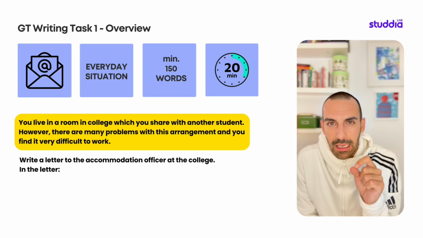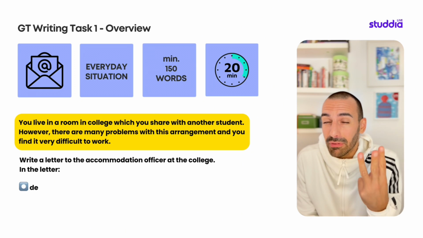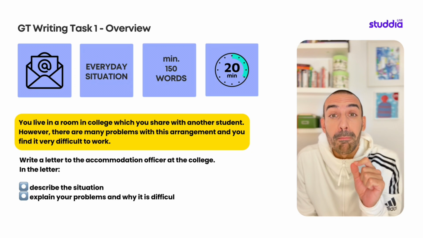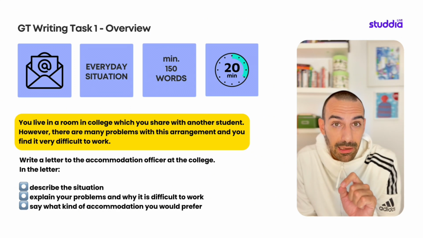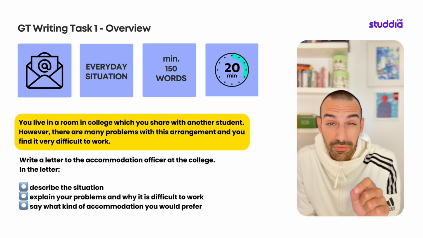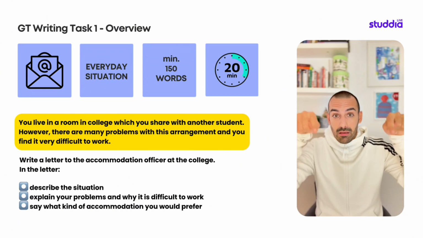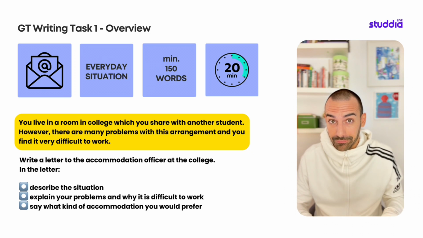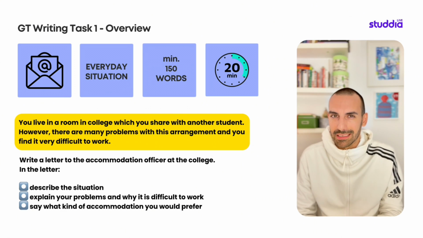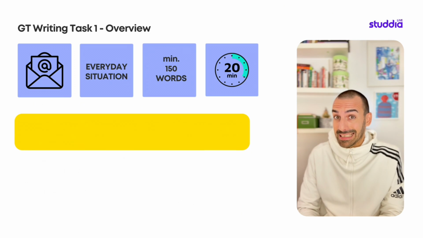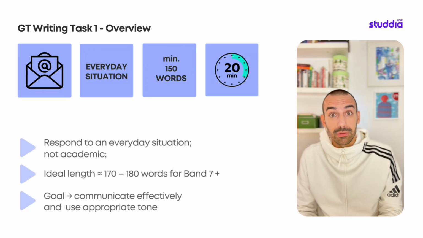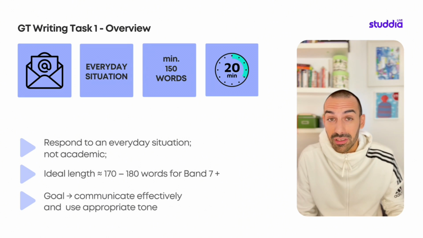As I've mentioned, the task also lists three content points that you must cover in your letter. All three need to be addressed with relevant detail. If you skip any of them, you will be penalized and your score for task achievement will be affected. And just to remind you once again, IELTS General Training Writing Task 1 is about general interest topics.